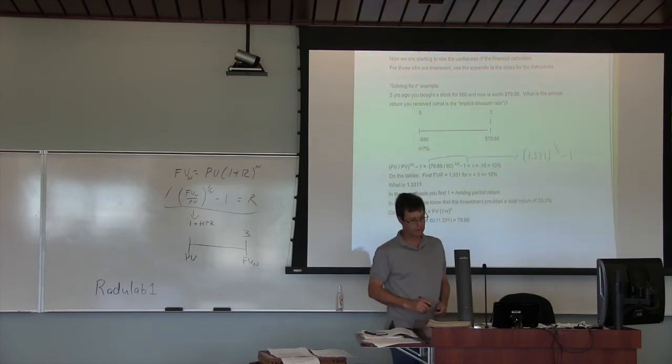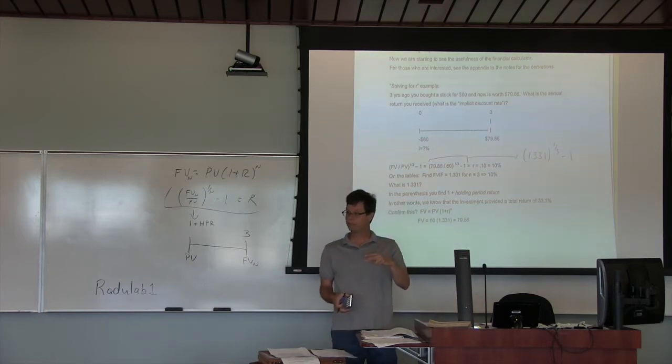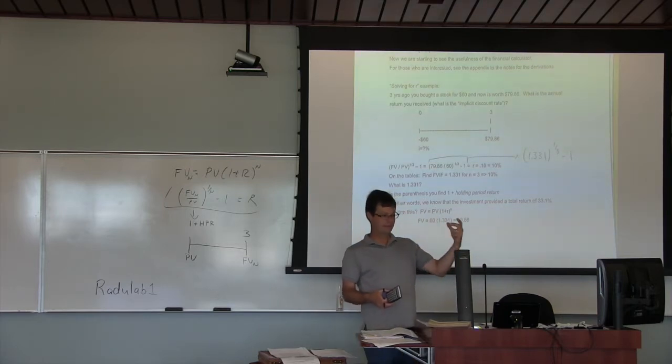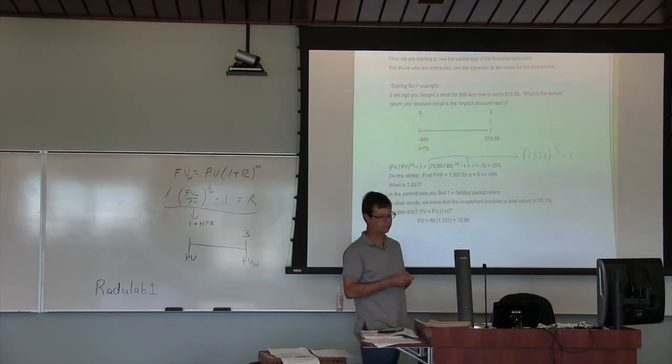In other words, $60 grew by 33.1% in total to achieve $79.86. We take that, we raise that to the 1/n power, that 1.331, and that's what shrinks it back down into an annualized rate.